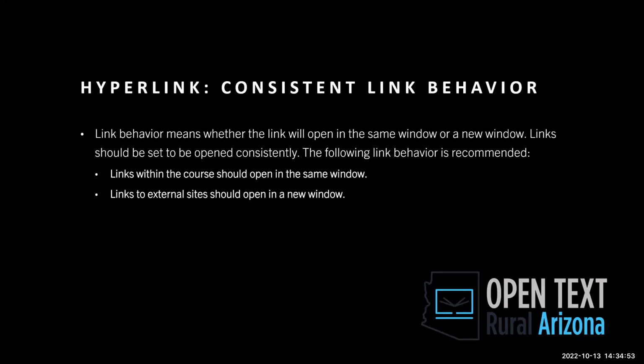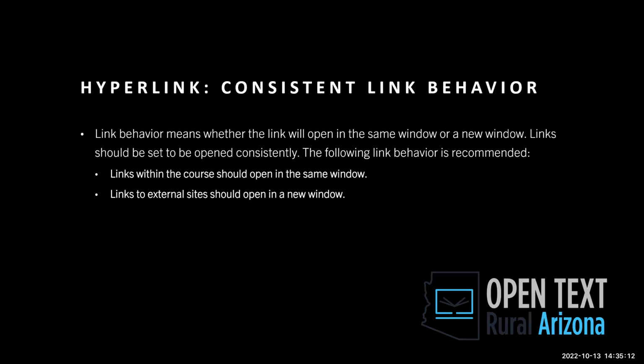When we talk about consistent link behavior, in other words, the learner, the user should not have to try to interpret link by link what's going to happen when they click on the link. Rather, it should be clear and consistent what happens when we click on a link.